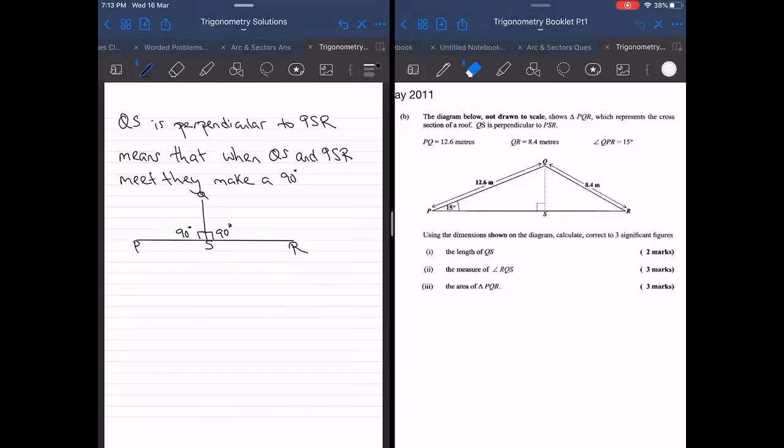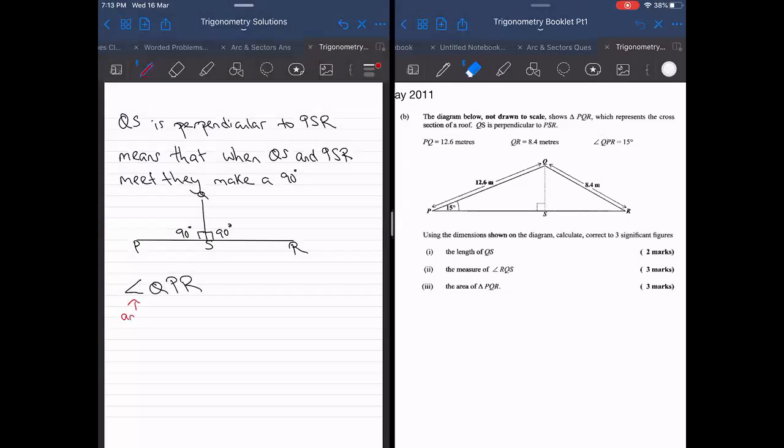All right, so they then give us some lengths. They tell us that PQ is 12.6, QR is 8.4, and then angle QPR. That symbol means angle, so they don't actually have to use the word angle.